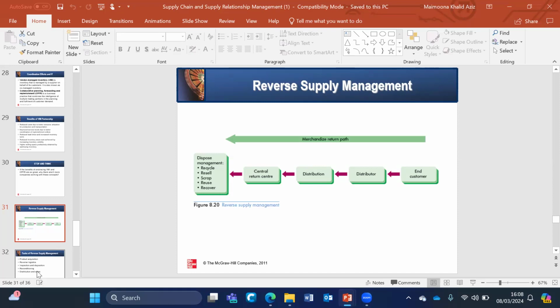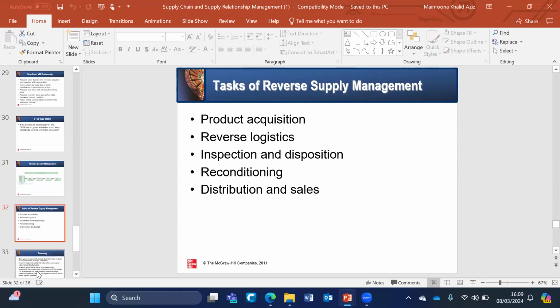That means you need to have a supply chain that starts from the customer, goes through the distributors, comes to you, and then goes into whatever disposal it needs to have. It could be resold, it could be recycled, or whatever that you're going to do with it. The tasks of reverse supply chain management include product acquisition, reverse logistics, inspection and disposition, reconditioning, and distributions and sales.